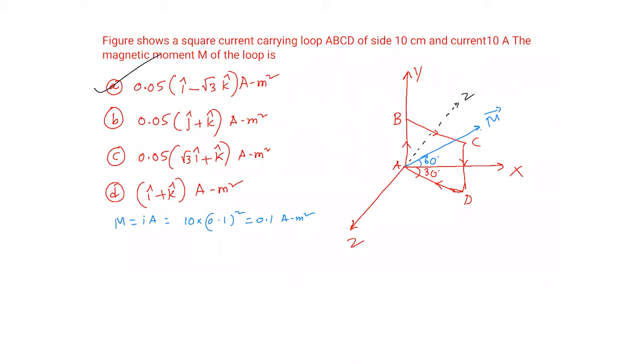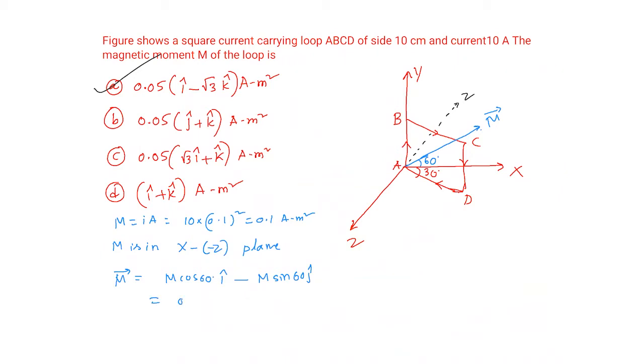Now you have to express that in vector form. For that, you have to resolve M into two components. Actually, M is lying in the x negative z plane. So in vector form, M cos 60 degrees I cap minus M sin 60 degrees K cap.